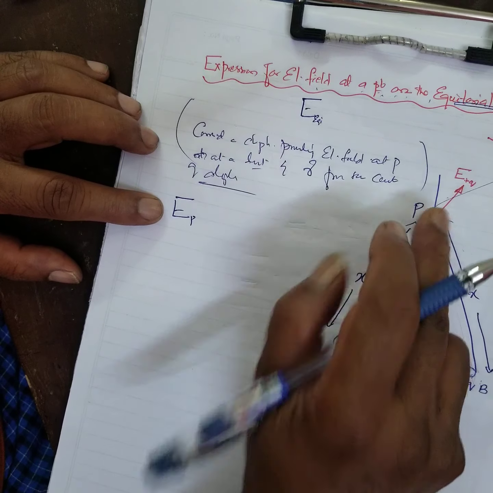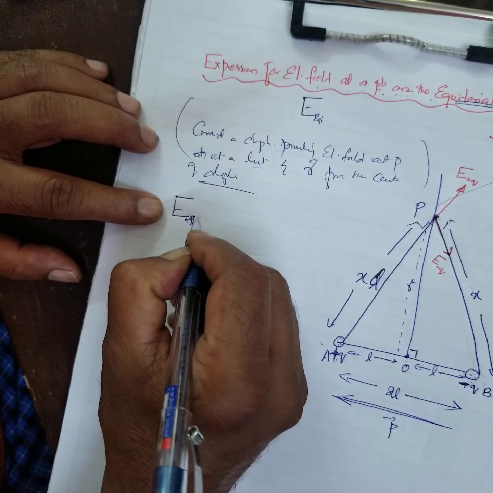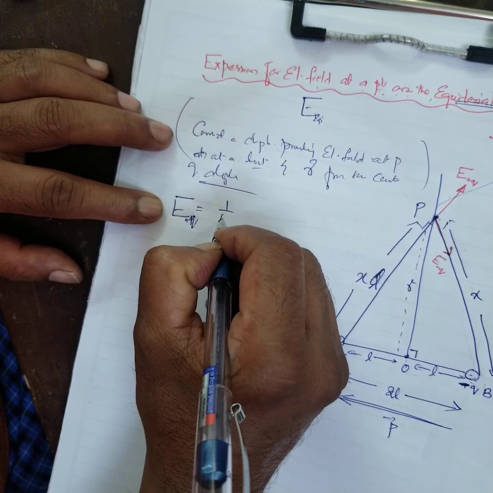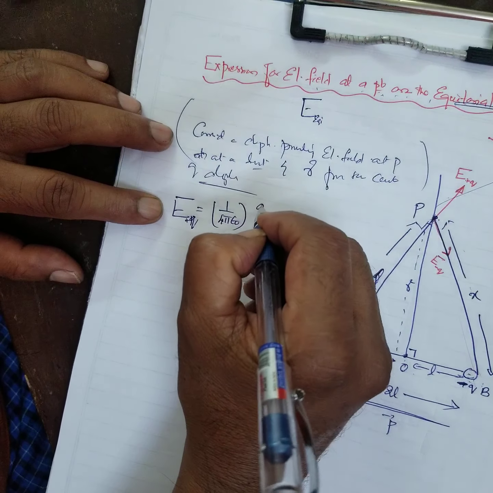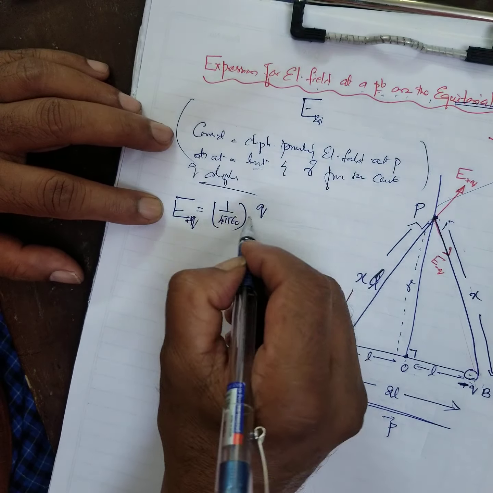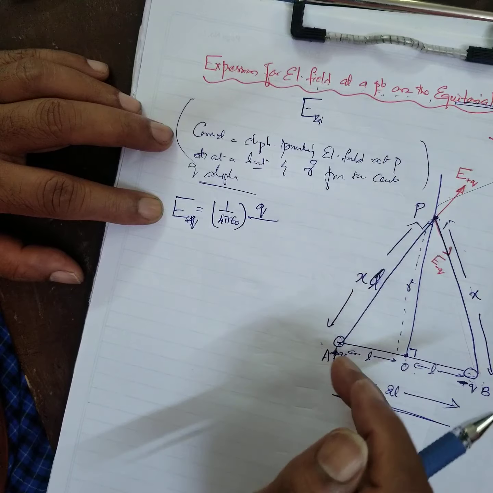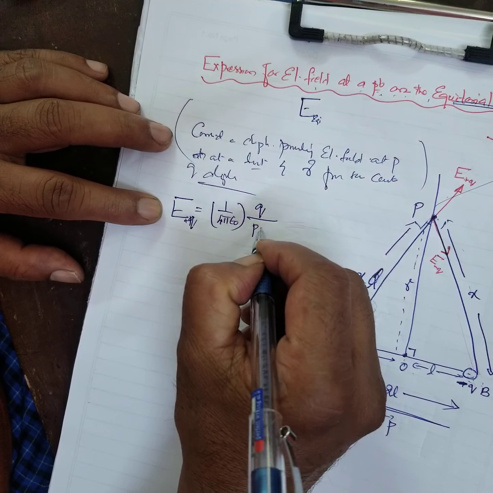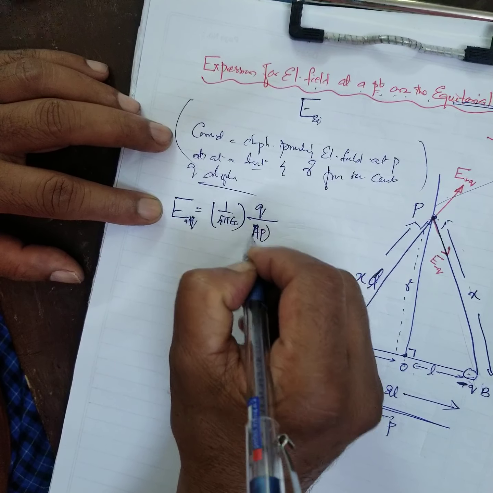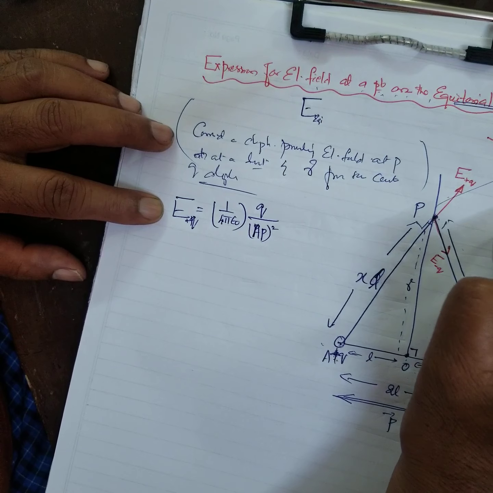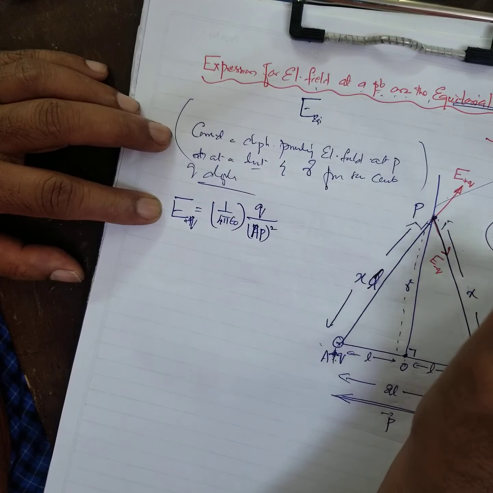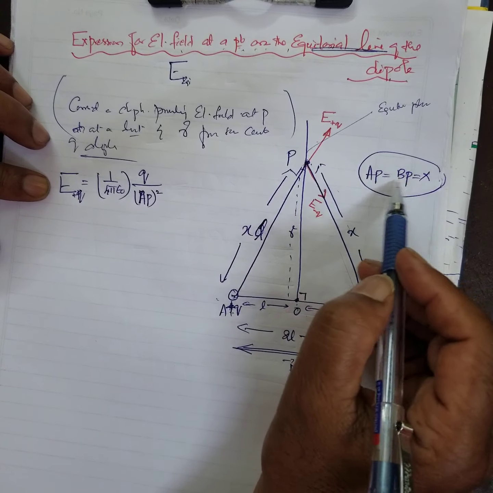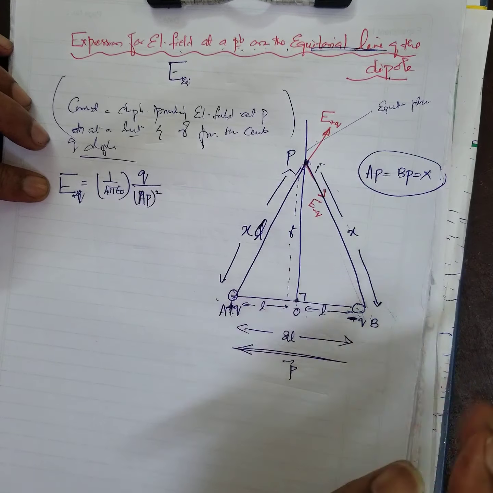Electric field at P due to the plus charge, plus Q, is equal to 1 by 4 pi epsilon naught, charge into AP whole square. But here AP equals BP, both are equal to X. AP and BP are equal.